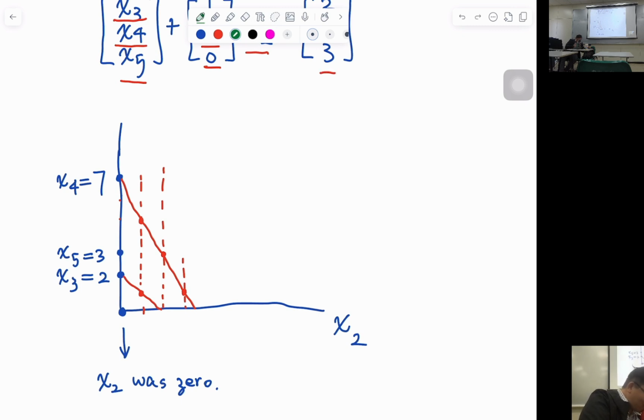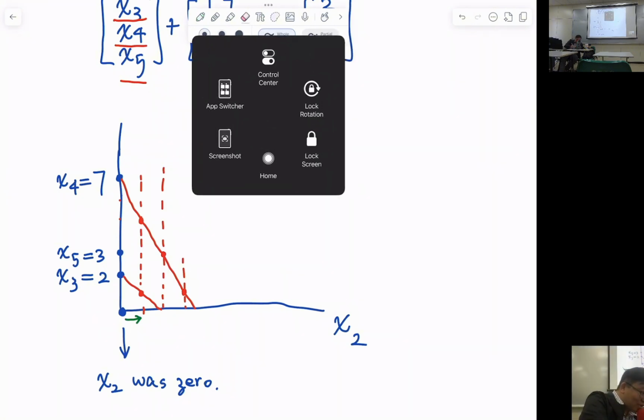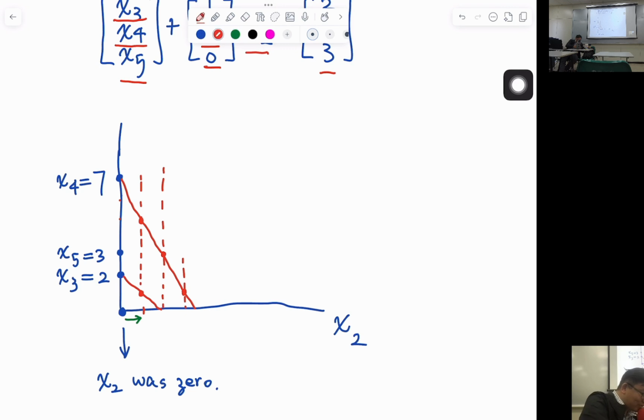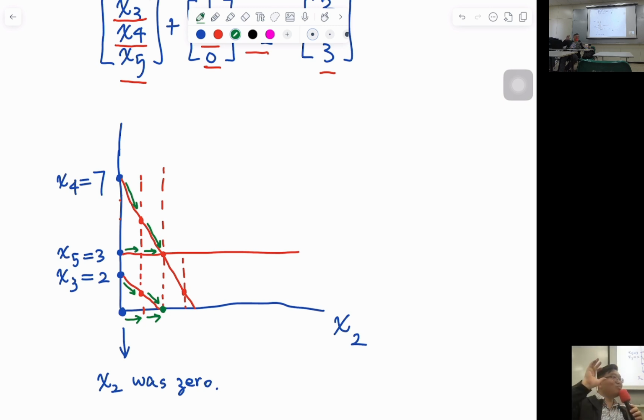Okay, now I'm going to increase the value, right? When I increase, sorry, that red line disappeared. When I increase x2, x3 drops, x5 remains the same, x4 drops as well. Okay, if I now increase x2 up to here, x3 already becomes 0, x5 remains the same, x4 drops as well, but I can no longer increase x2 because all the x has to be positive or 0.